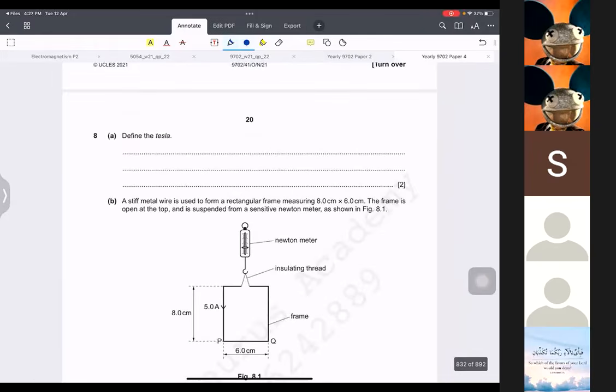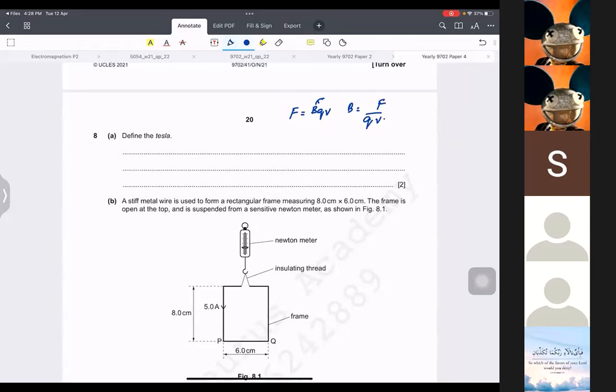Define Tesla. Now, Tesla, you have to define in terms of units. So you know that force is equal to BQV. If I were you, I would first segregate B. It will be force over charge over velocity, right?